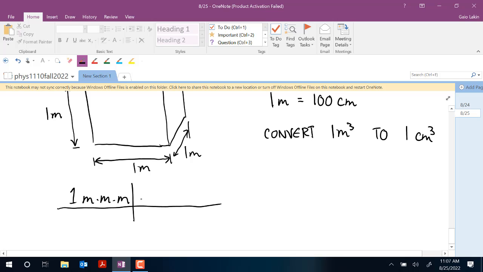So the first conversion factor is 100 centimeters over 1 meter. And that cancels the first one of those meters. Then do it again, 100 centimeters over 1 meter. Cancels the second one.